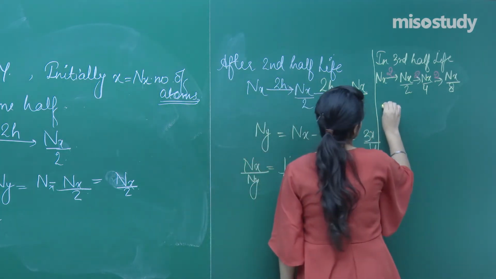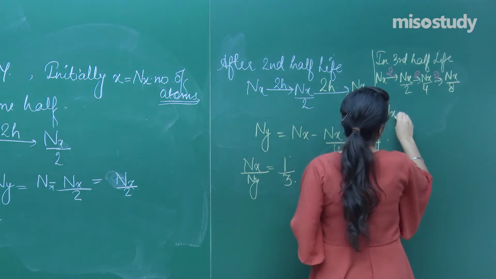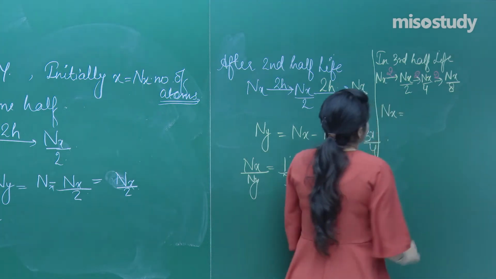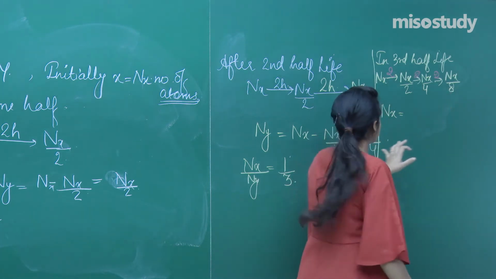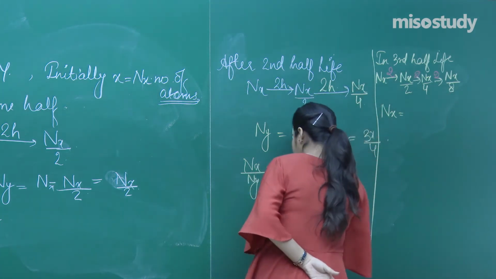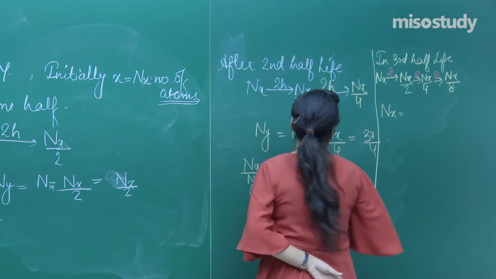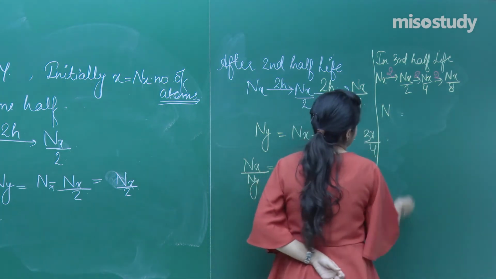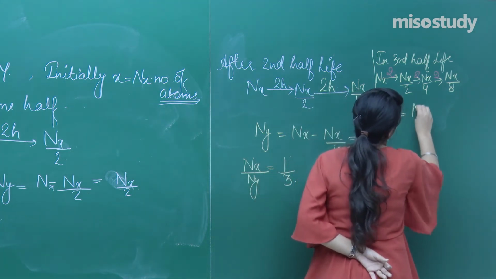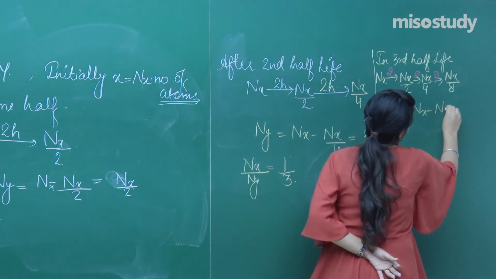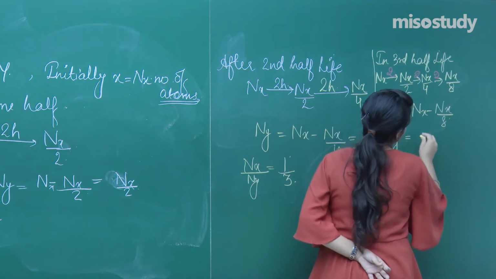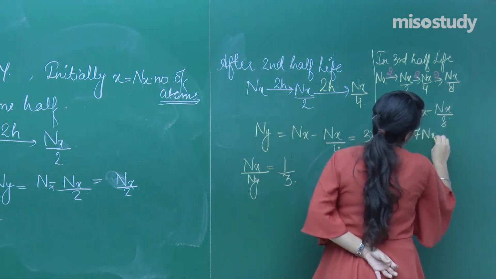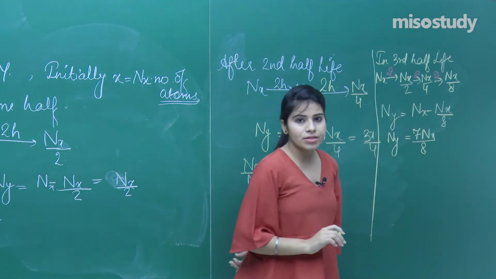Now the atoms of X in this case: earlier it was Nx, now it is Nx by 8. So your Ny in this case will be Nx minus Nx upon 8, that means the number of Y is 7Nx upon 8, isn't it?